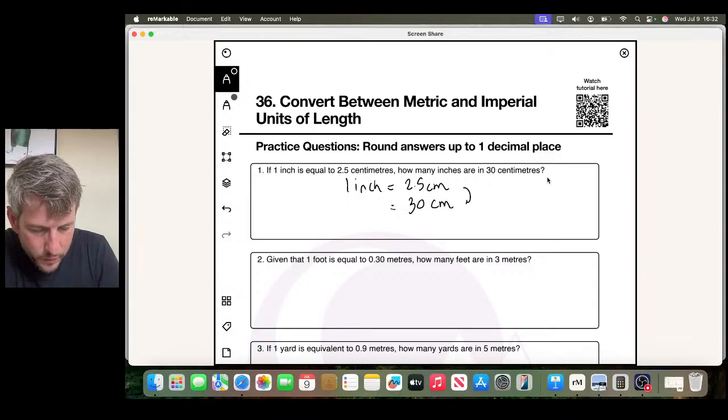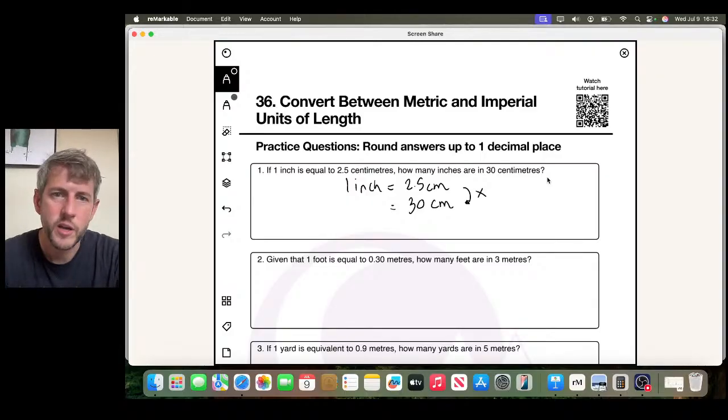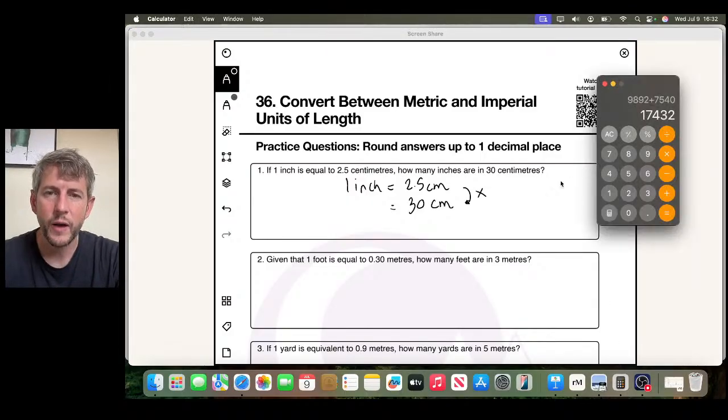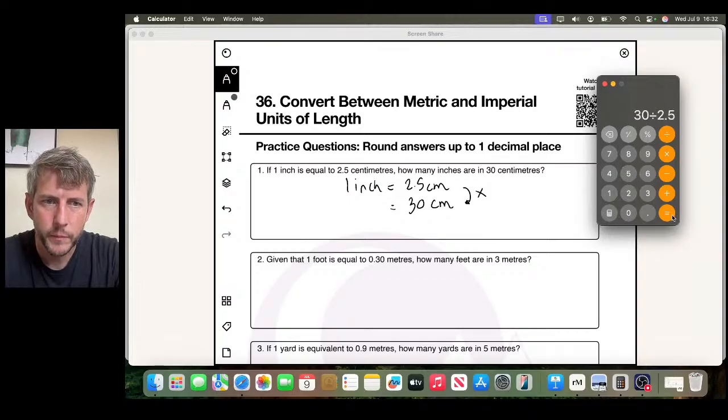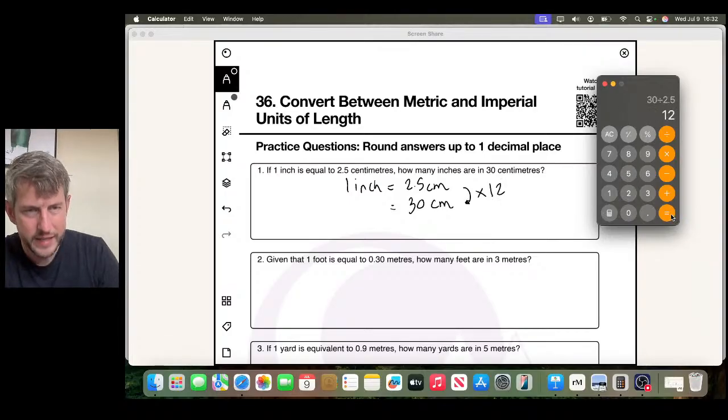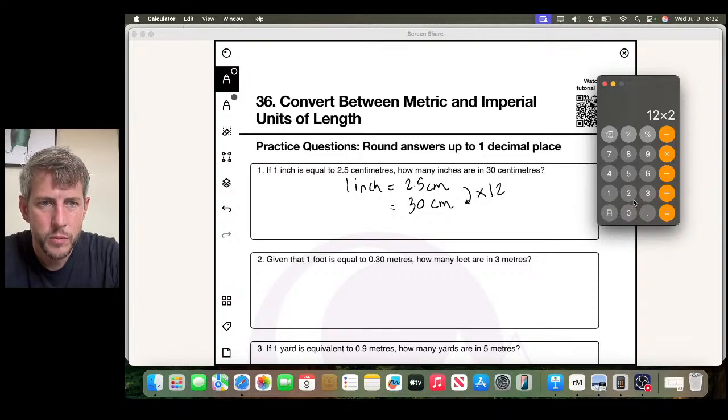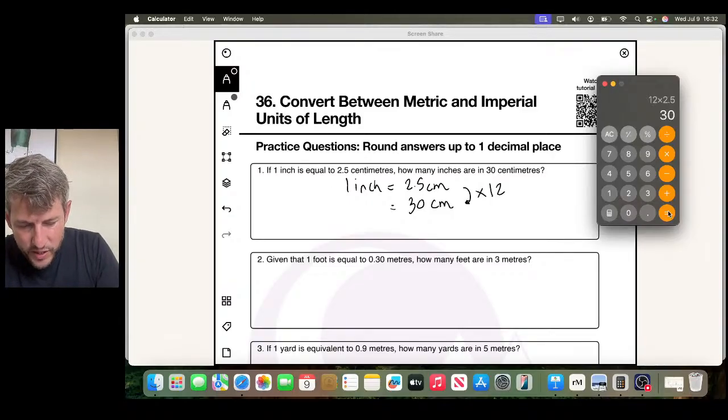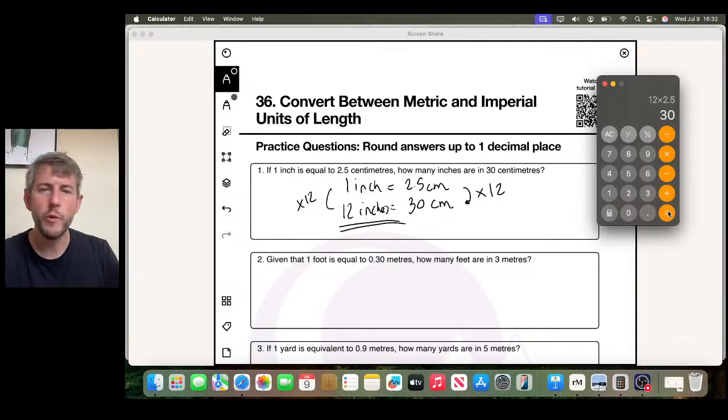We need to work out what we're timesing by, so we do 30 divided by 2.5, which gives us 12. Let's check that: 12 times 2.5 is 30. So we times the 1 inch by 12 as well, which is 12 inches. We kind of know that because the 30 centimetre ruler is also 12 inches.